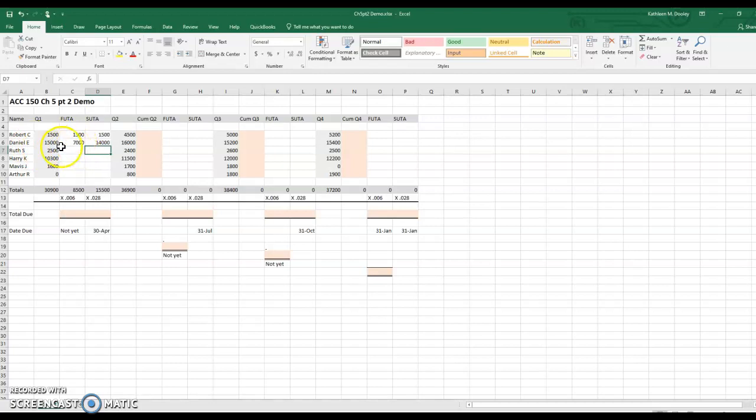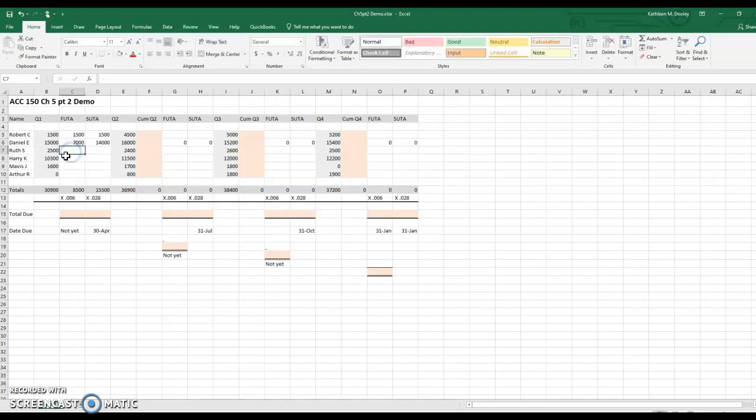Also, at this point, Daniel is done. The employer is not going to have to pay any more FUTA or SUTA past this quarter. So we can go ahead and put in zeros for FUTA and SUTA for Daniel all the way across to the other quarters.